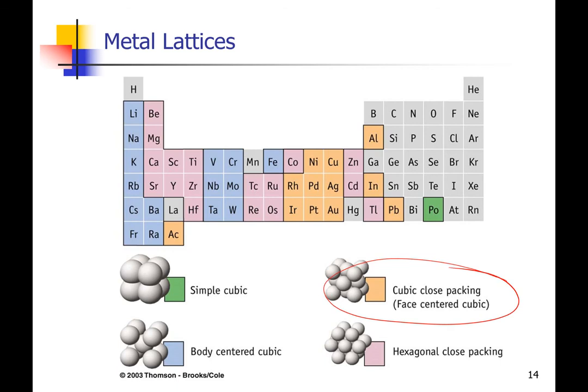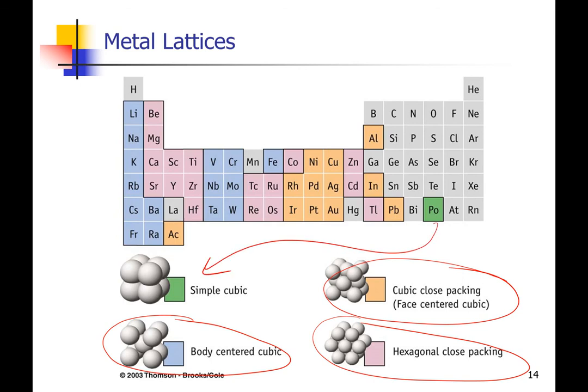There are a lot of elements that default to body-centered cubic packing, all those elements in blue. And then there's polonium. You don't need to know which element does which sort of packing. We just want you to know what the different types of packing look like and to have an understanding that metals do in fact organize themselves in lattices.